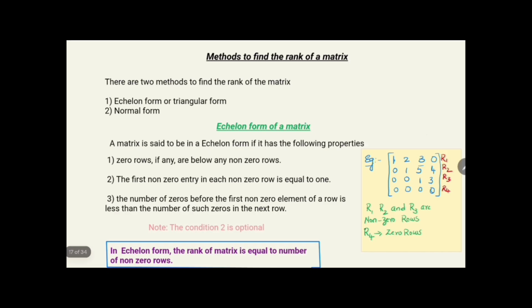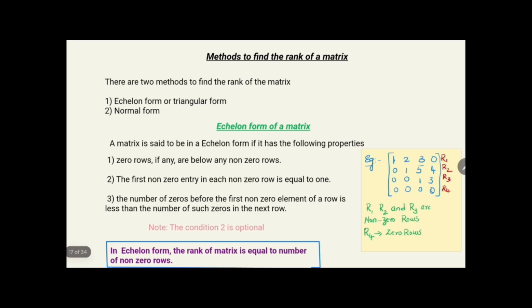Clear, students? Next, the first non-zero entry in each non-zero row is equal to 1. What does it mean? It means the first entry in each non-zero row.